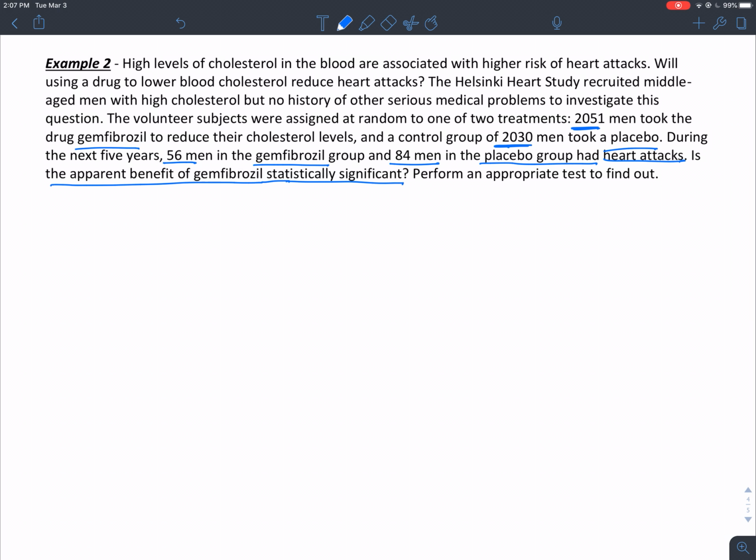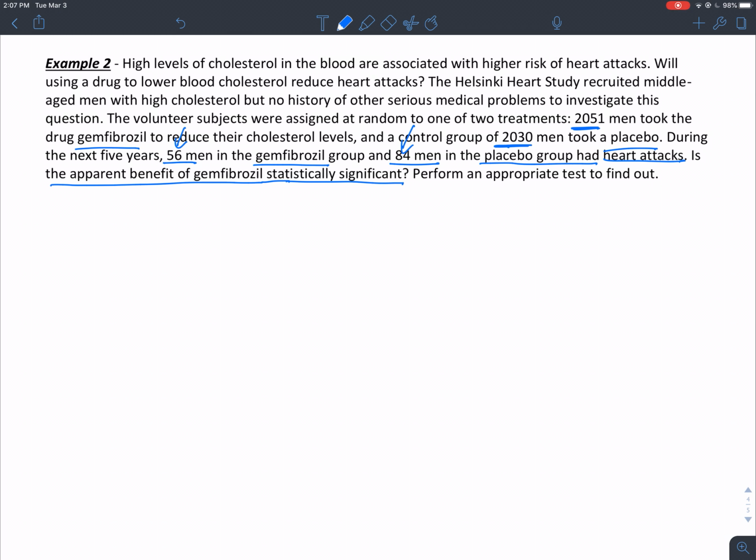In other words, is this number sufficiently low compared to this number that I can say it didn't just happen by accident? That's the question. Is the 56 out of 2051 so much less than the 84 out of 2030 that I can say that difference is not just an accident?